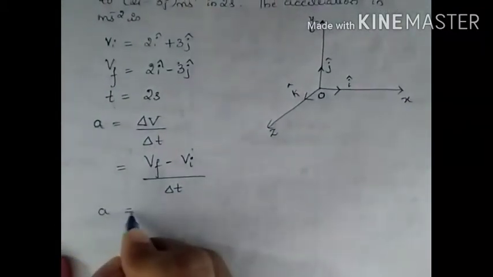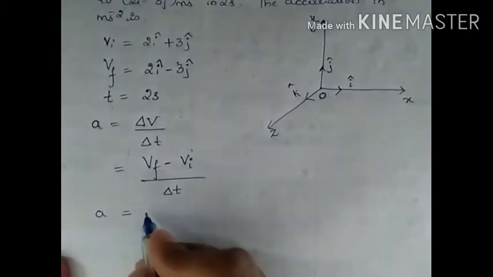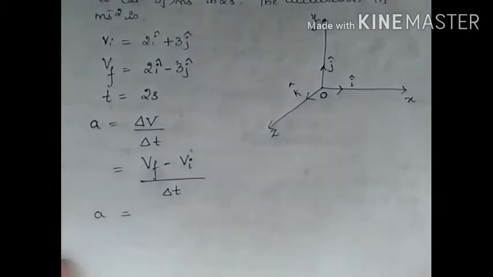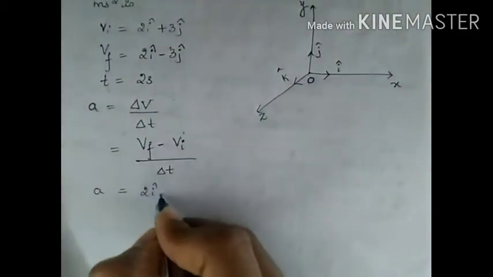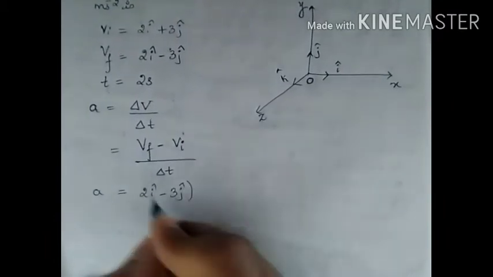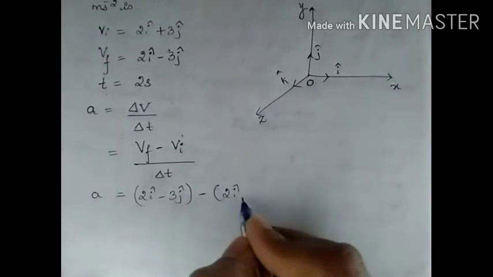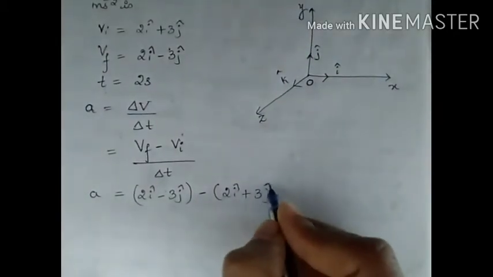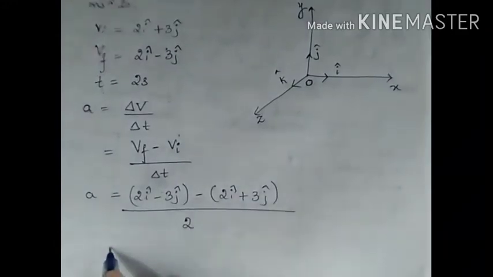So Vf is 2i cap minus 3j cap minus (2i cap plus 3j cap), which is divided by 2 seconds.